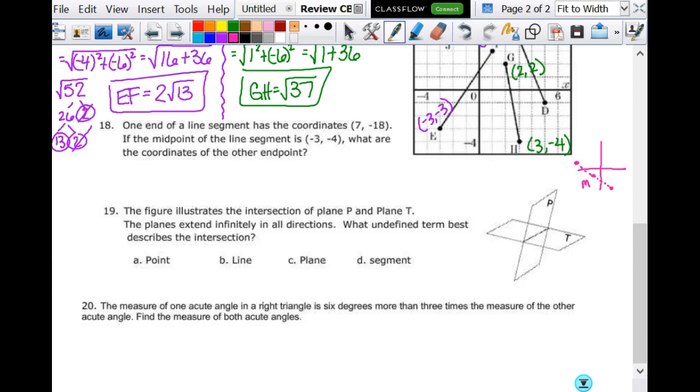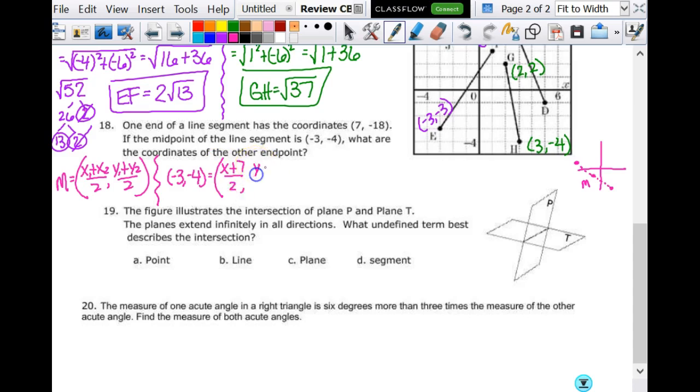All right, so midpoint formula is very simply just averaging the coordinates. So x1 plus x2 over 2, y1 plus y2 over 2. So in this case, we know the midpoint. The midpoint is, break that up. So you get, my midpoint is negative 3, negative 4. It is equal to the x coordinate I don't know plus the x coordinate I do know over 2.